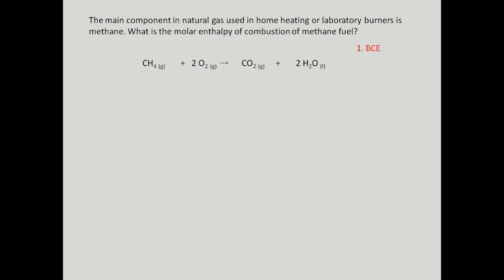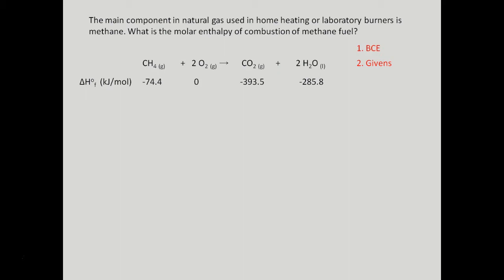And then the next thing we're going to do, as we always did, is summarize our givens. We can go to a table and look up our standard enthalpy of formation for each of the elements, or sorry, compounds. We could look up methane, and we'd see that it was negative 74.4 kilojoules per mole.